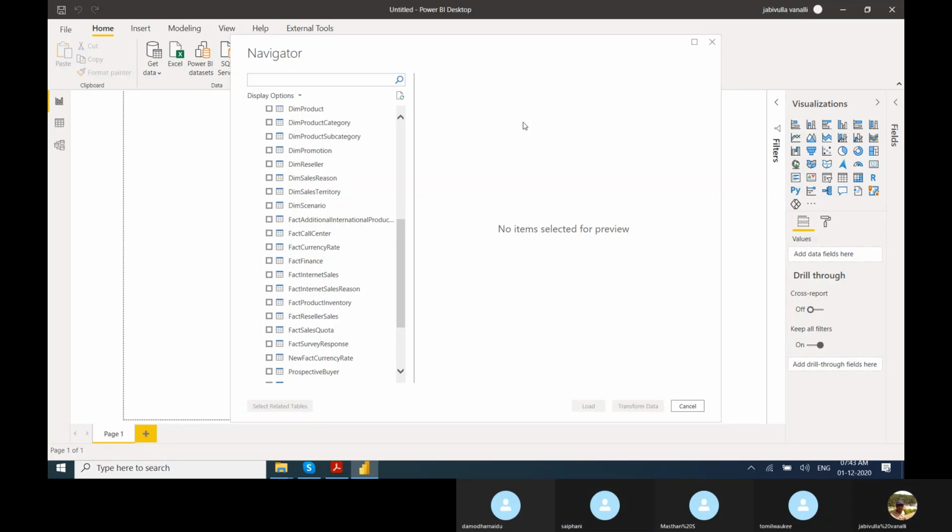Snowflake schema. Yes, absolutely. How? It is divided into the subcategories. Yes, absolutely. Correct. Awesome. See here, these are the fact tables, fact reseller sales and others. It doesn't matter how many fact tables you have.